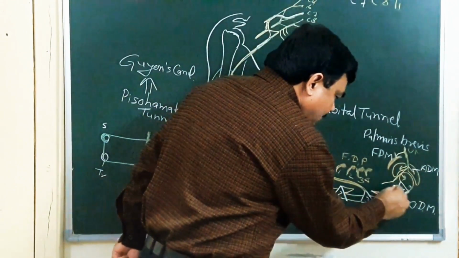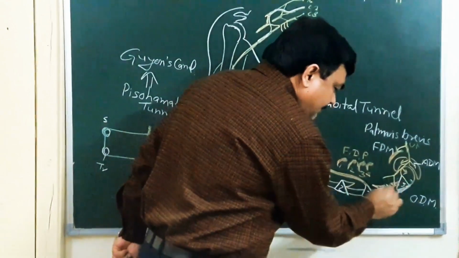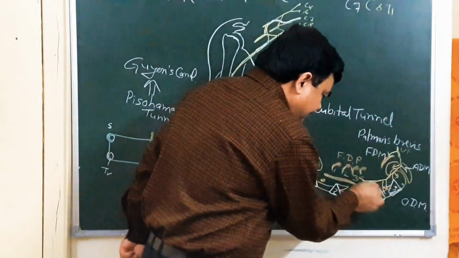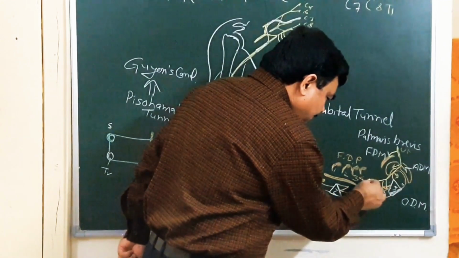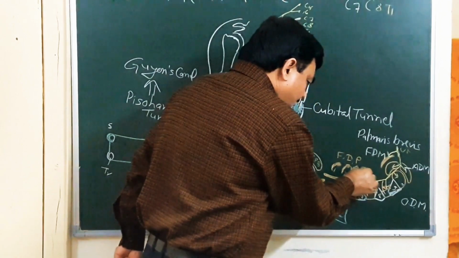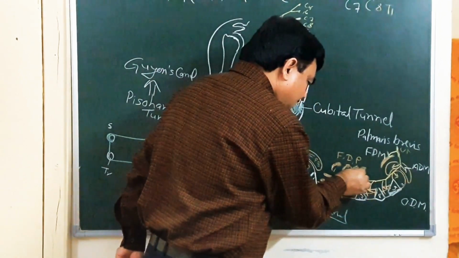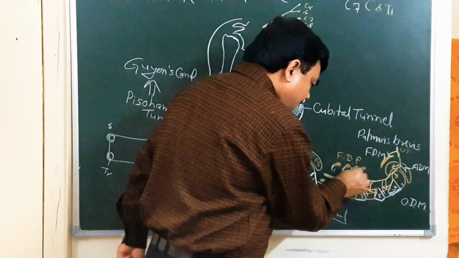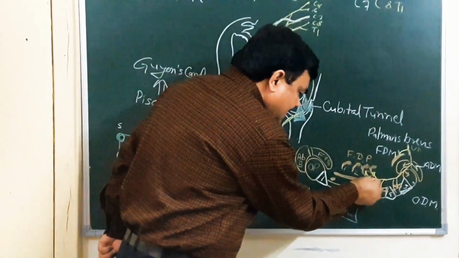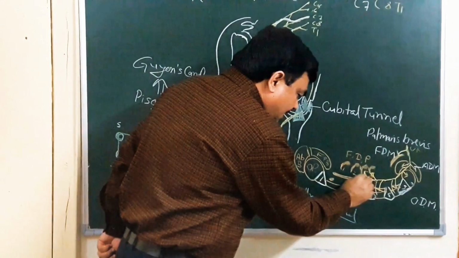It gives branches to the fourth palmar interossei, fourth dorsal interossei. Again it gives branches to the third palmar interossei, third dorsal interossei. It gives branches to the fourth and third lumbricals. It gives a branch to adductor pollicis.